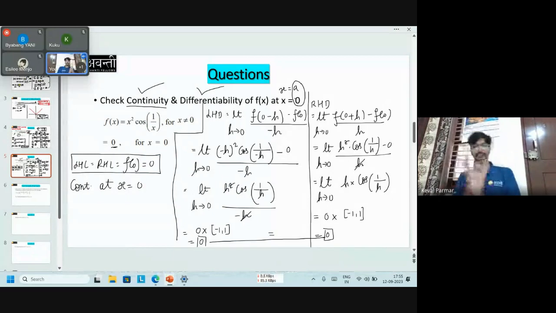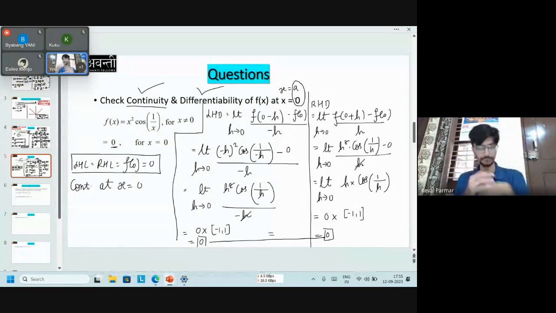I hope it is very clear. So the function is continuous and differentiable. Algebraically it is very, very simple. You just have to remember two things. How will I say the function is continuous algebraically? Left hand limit equal to right hand limit equal to functional value. How will I say the function is differentiable? Left hand derivative equals right hand derivative. Simple two things.